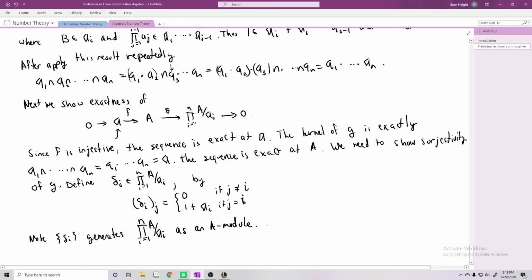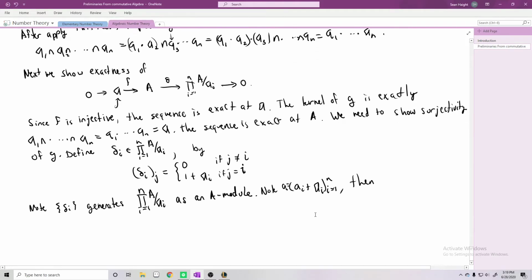So note, if I have a sub i plus the ideal, from i equals 1 to n, then I'm going to just call this guy a. a is the sum from i equals 1 to n of a sub i times delta sub i.